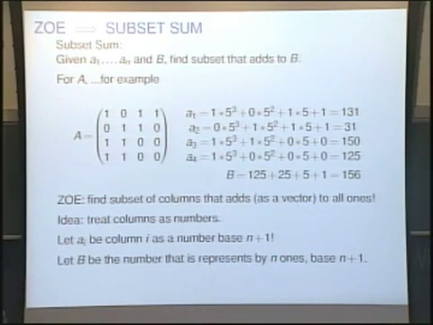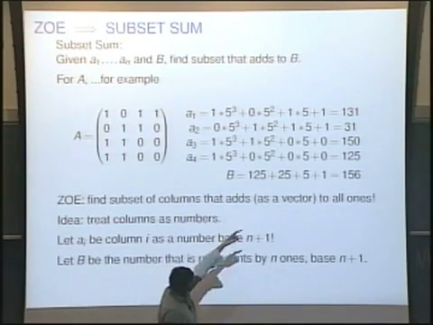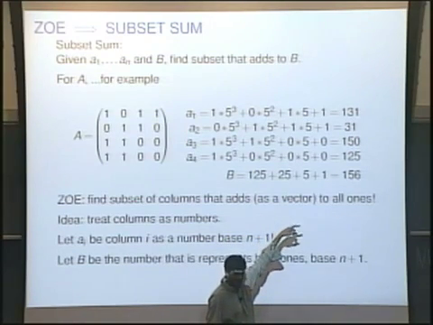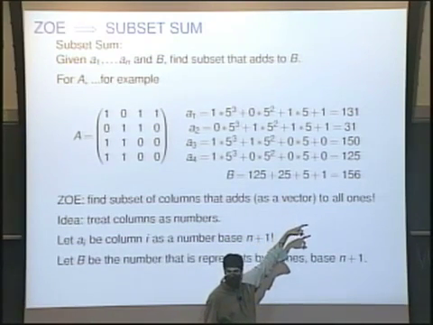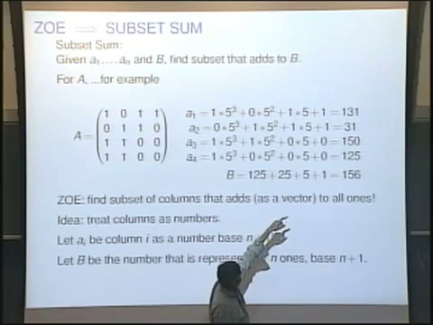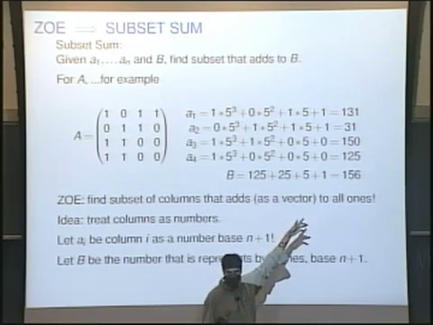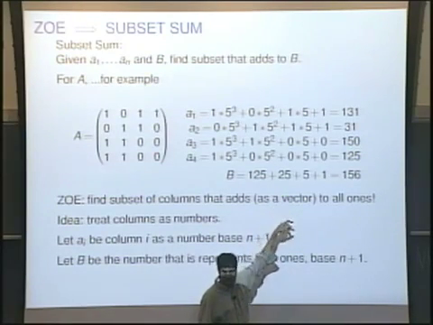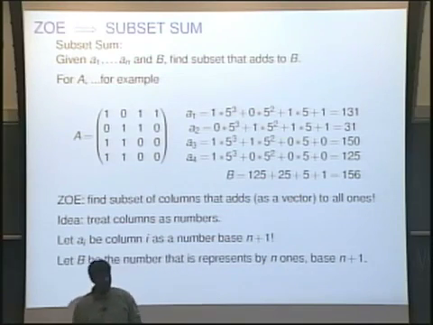So now, does somebody see a solution to the subset sum problem? 31 and 125 is a solution to the subset sum problem, right? 31 plus 125 is 156, so that's a subset of numbers that adds up to 156.